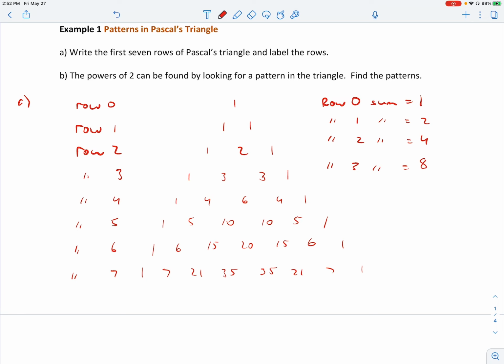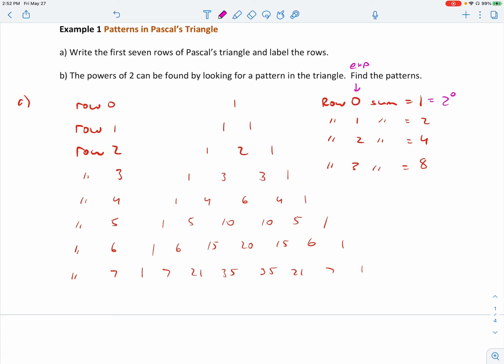So can you now see the powers of 2? So yes, it is present. And the first row, these can act as our exponents, like the row number. Those are the exponents. And the base is 2. So 2 to the 0 is equal to 1, the sum.